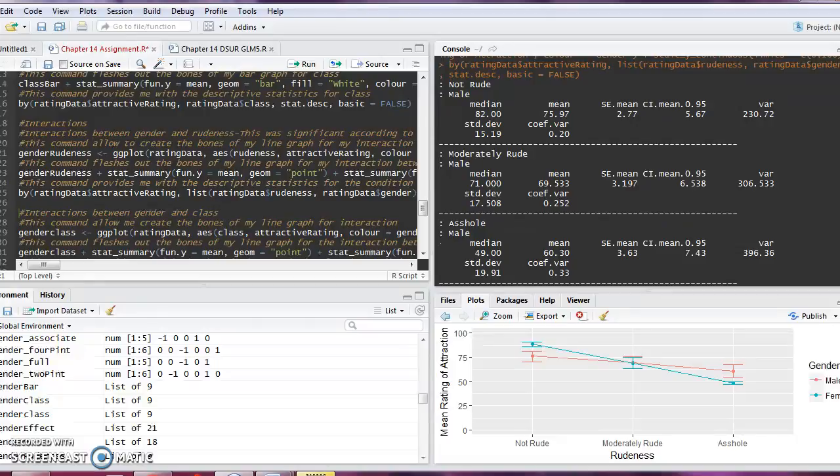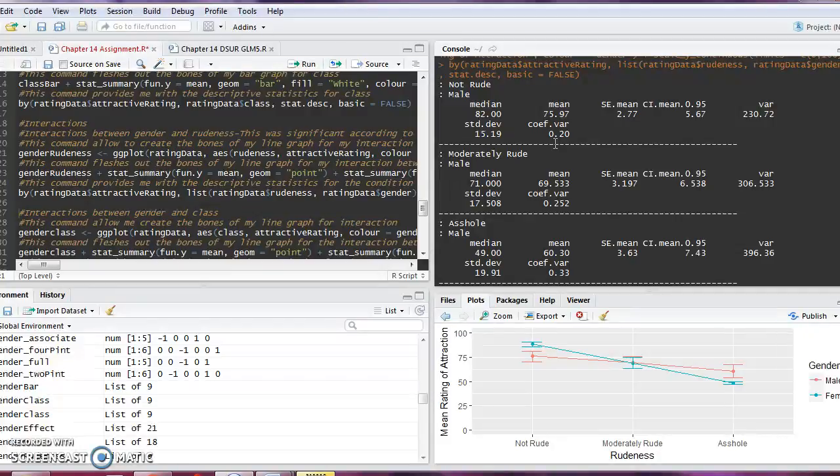different conditions for each. So essentially, overall, this interaction is looking at the gender differences when it comes to level of rudeness. So just really quickly, looking at male participants, male participants who had not rude dates gave them higher attractive ratings than those who were moderately rude or just assholes.